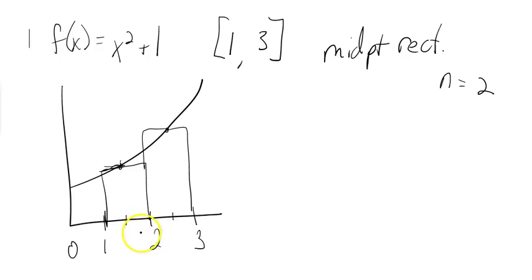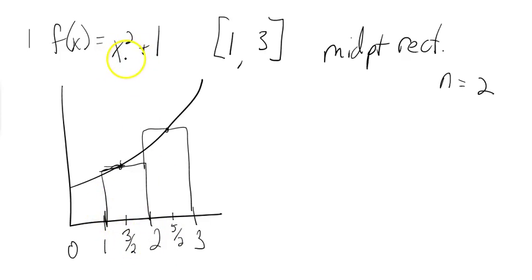Okay, now, the hard part is coming up with those heights. So you have to realize what these are, and you could do them in decimal, but you know me, I like to work in fractions. So this is 1.5 or 3 halves. This will be 4 halves, so this will be 5 halves. You need those as your x values to plug them in to get your y values.